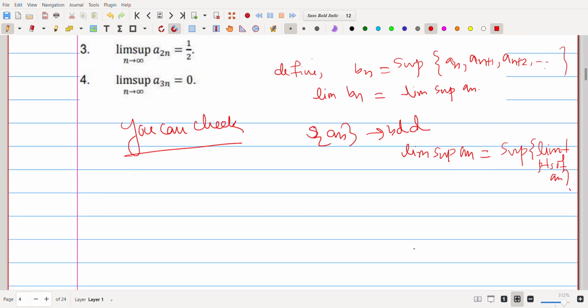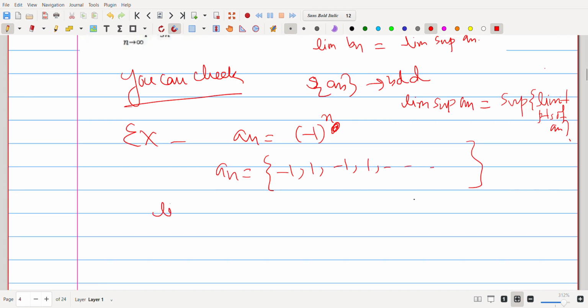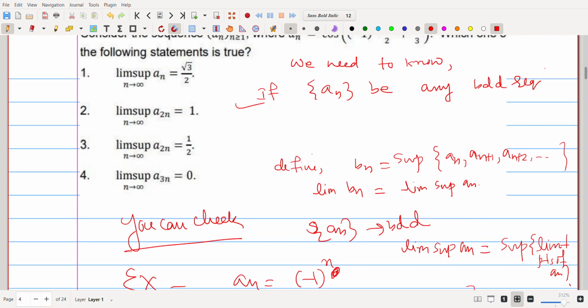So as an example, take a_n equal to (-1)^n. That means a_n is given by -1, 1, -1, 1, and so on. Then limit points of a_n equal 1 and -1. Hence lim sup of a_n must be 1.